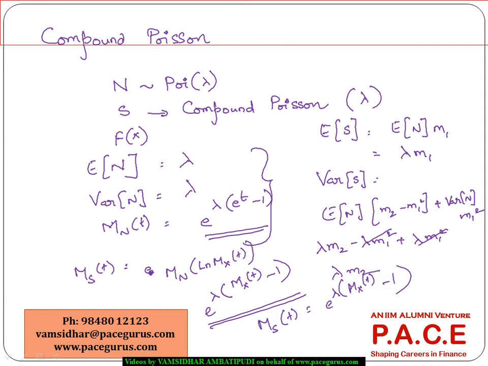Now, the mean and variance are expressed in a very simplistic form. And we could also look at even further classifications or computations if possible using this distribution. It even comes out that the skewness of S comes out very simple as lambda M3.